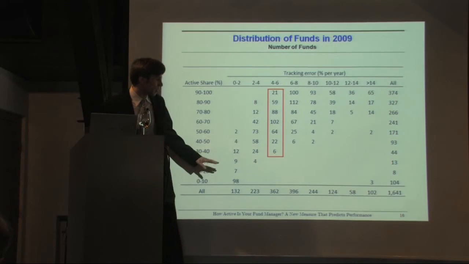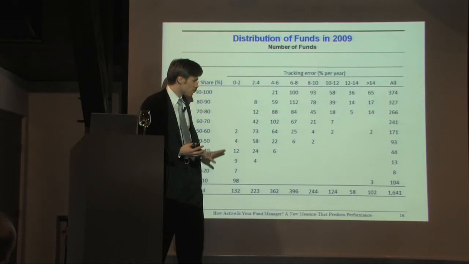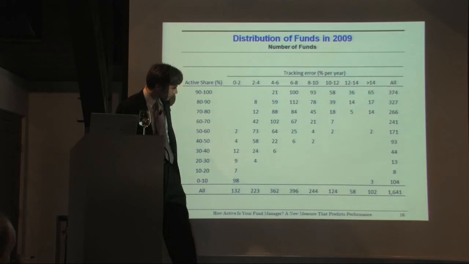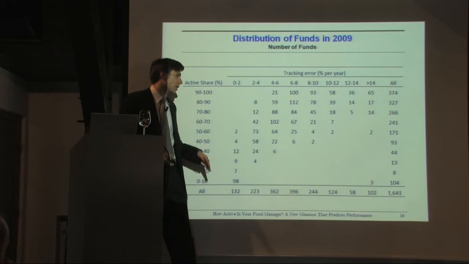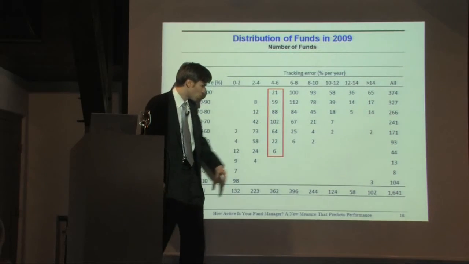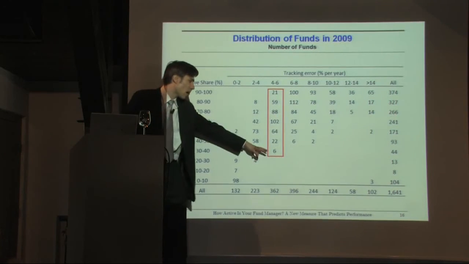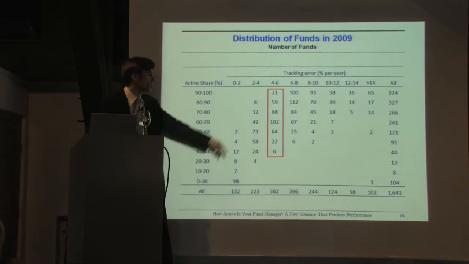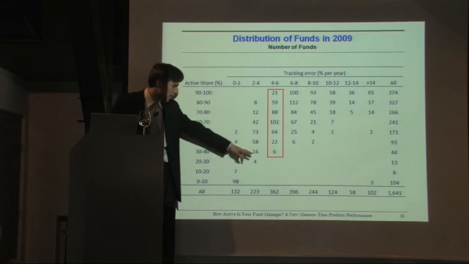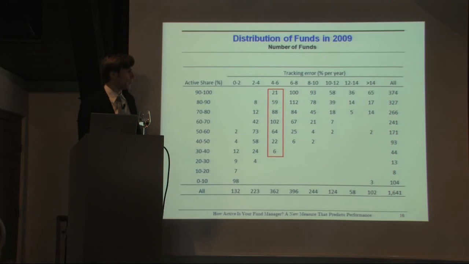So the first thing to note is that you basically have this two-dimensional distribution. There's clearly big dispersion along both dimensions. For example, within a given tracking error group, you still have a lot of variation in active share. If your tracking error is 4 to 6%, your active share could still be anywhere from 30-something% to close to 100%.